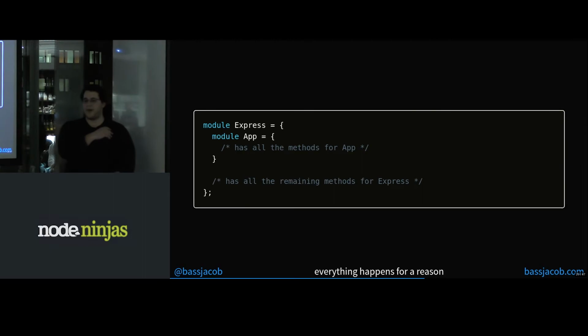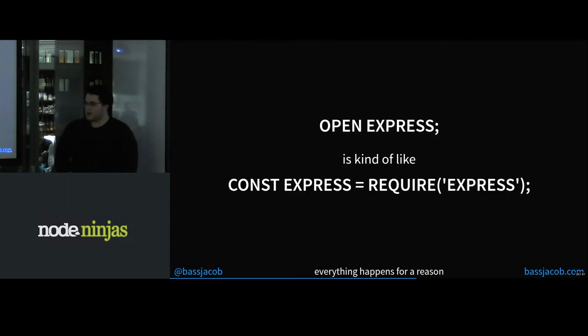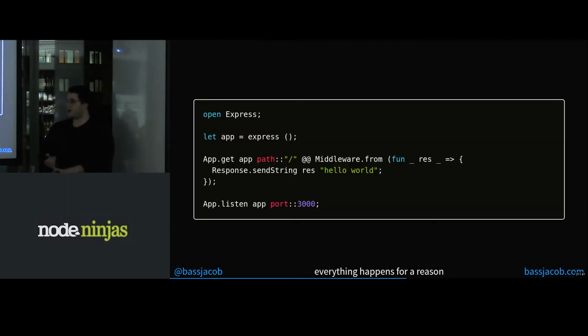You can call all of the methods that exist on app. And if I've defined anything else inside the module express, you can call all of those as well. So that's what gives us the ability to call express, which looks like a global variable, but it's only open locally within this object. Similarly, it's what lets us call app.get, and app.listen. It's a way of opening up that module and making the variables available without having to explicitly call express.app.listen every time.